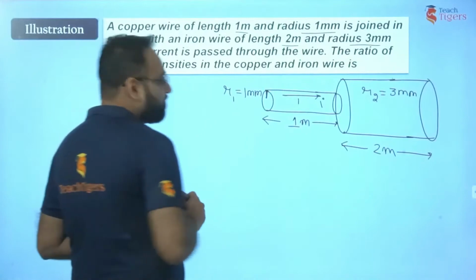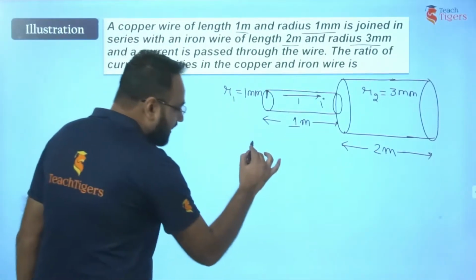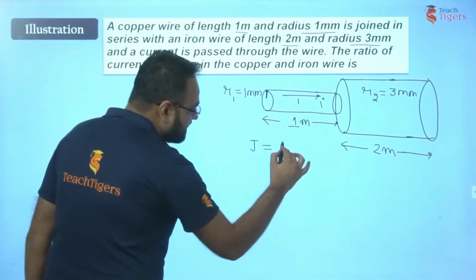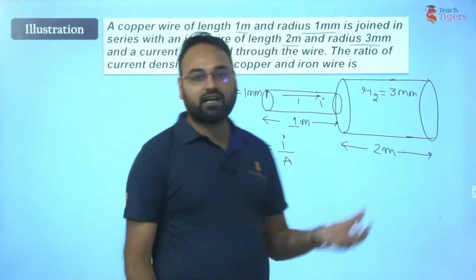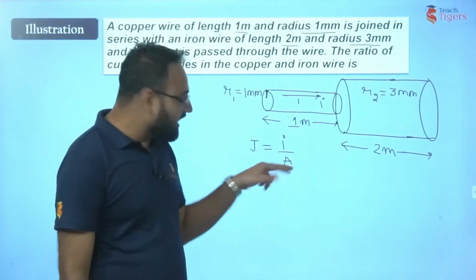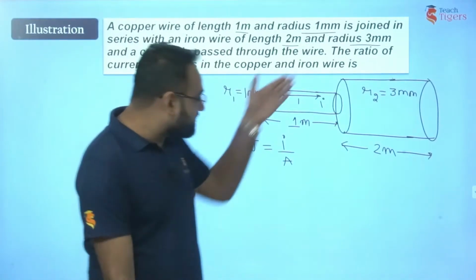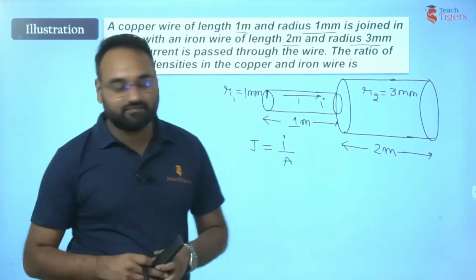Now, if the current is the same, then we know our current density J is equal to I by A, and there is no need to take A perpendicular, because here the area is perpendicular to the flow of charge. We can directly take it like this.